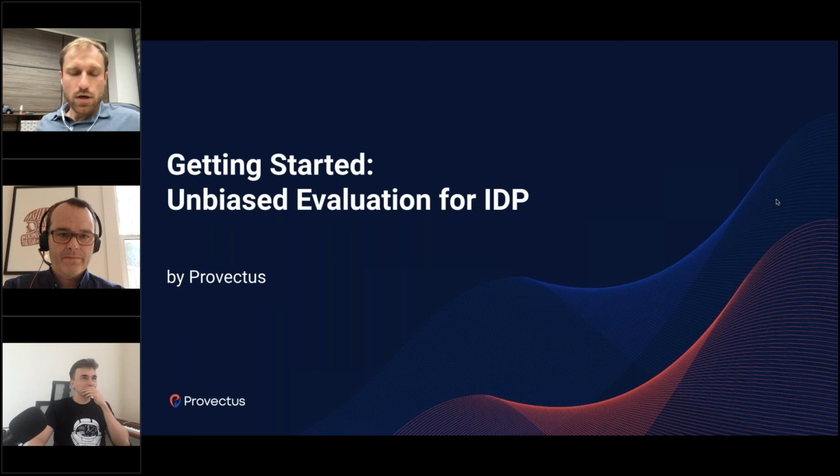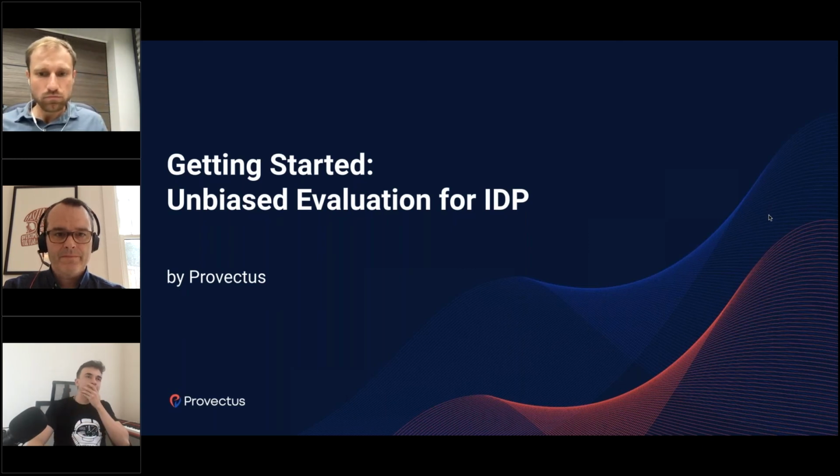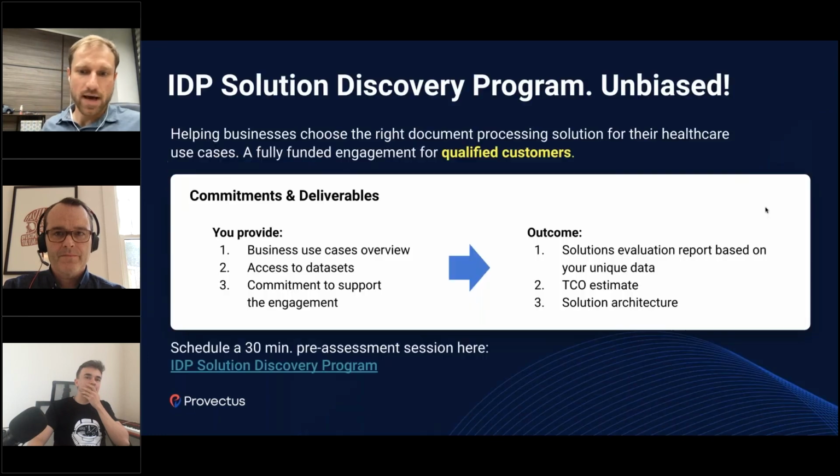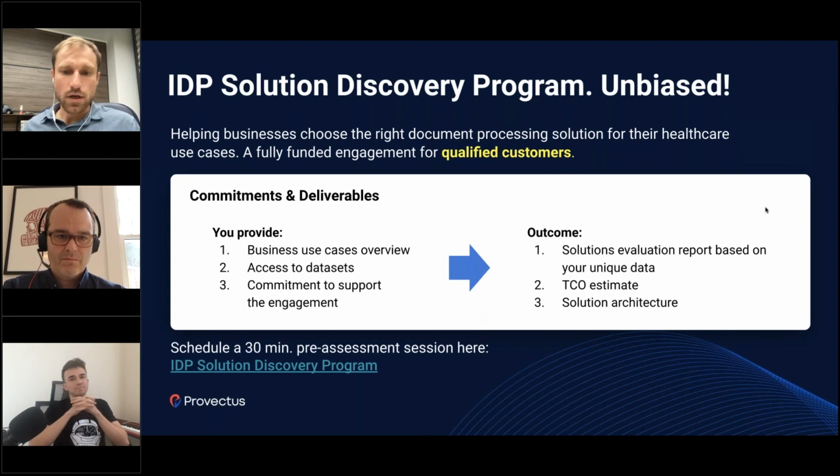We would like to give you the next practical step for you to get started. Provectus has designed a special program to help you choose the best vendor and solution for your document processing use case. Here's how the program works. You provide a business use case and access to your data sets, as well as executive sponsorship, of course, to support the engagement.